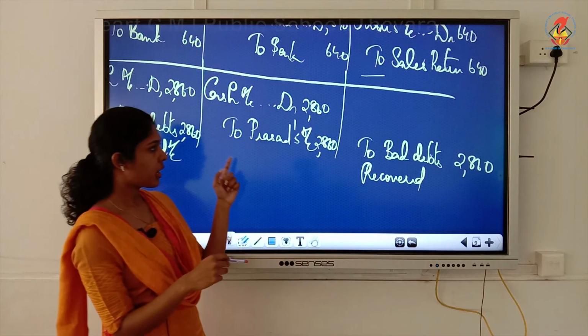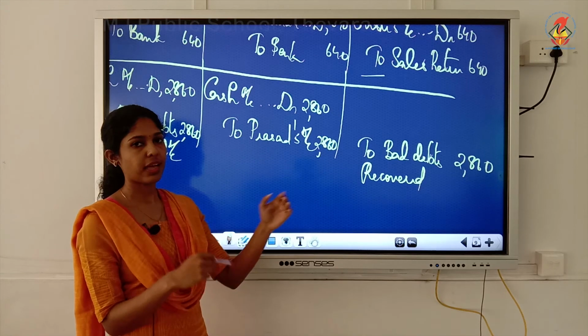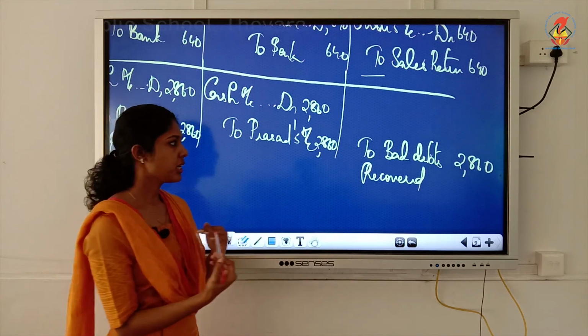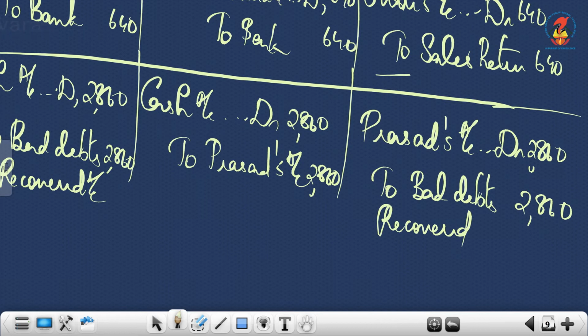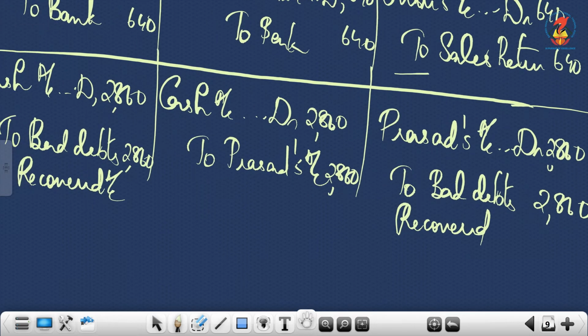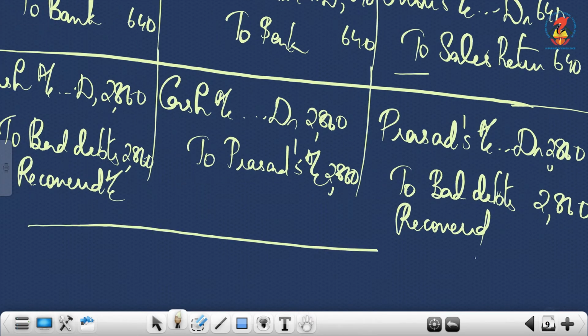Now Prasad's account was wrongly credited, that we have to rectify. So what will you do? Prasad's account will be debited. Prasad's account you debit with 2,860. Okay. So this is the rectification. Prasad to bad debts recovered.